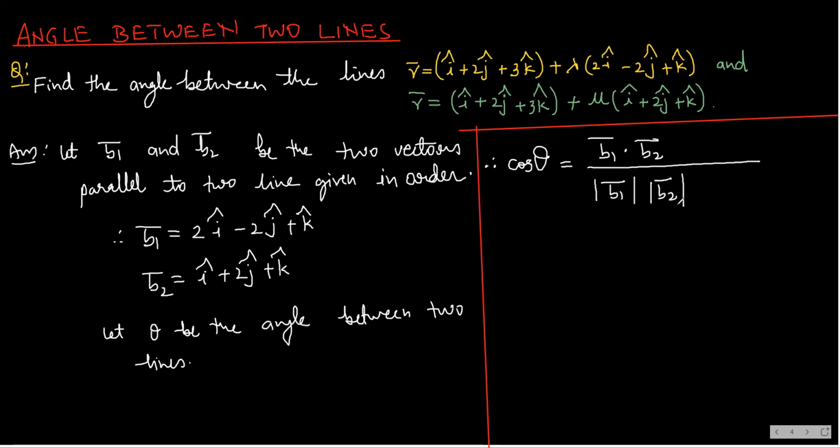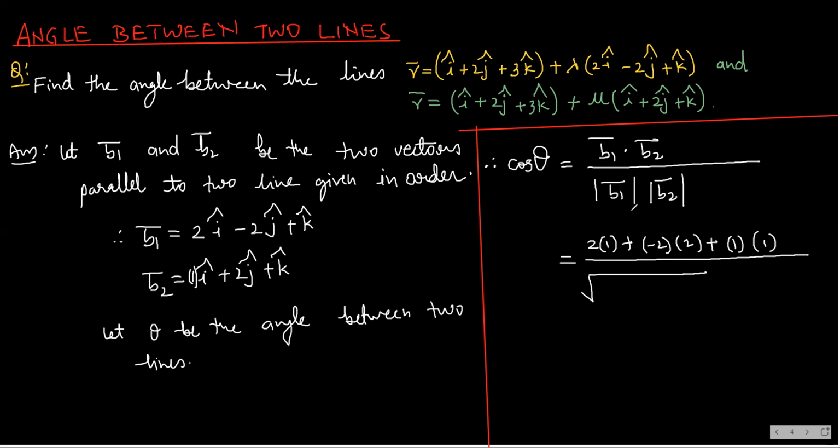So see, b1 bar dot b2 bar, if you have two vectors, how do we get the dot product? So see here, 2 into 1, this is 1 here, right? So we have 2 into 1 plus minus 2 into 2 plus 1 into 1, upon mod of b1 bar.